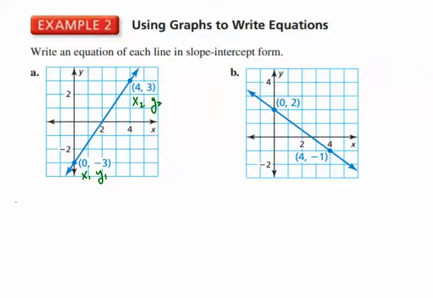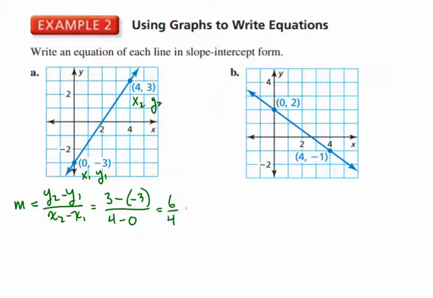Then I'm going to calculate the slope. m is equal to y2 minus y1 over x2 minus x1. That's y2 minus y1, which is negative 3, over x2, which is 4, minus x1, which is 0, and we end up with 6 over 4, which simplifies to 3 over 2.